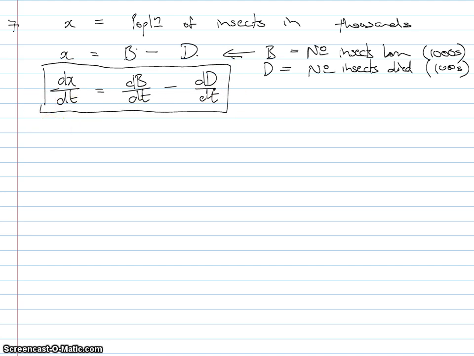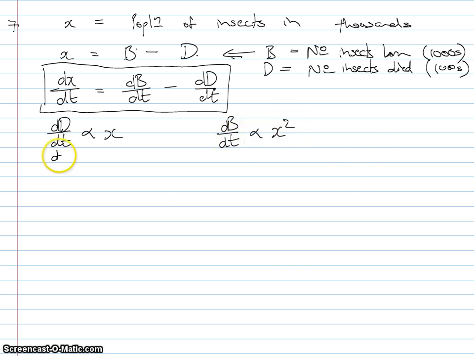The other reason why this is very nice is because it gives us information to do with the birth rate and the death rate. That is, the rate of death, dD by dt, is proportional to the number of insects that there are, and the rate of birth, dB by dt, is proportional to that number squared.